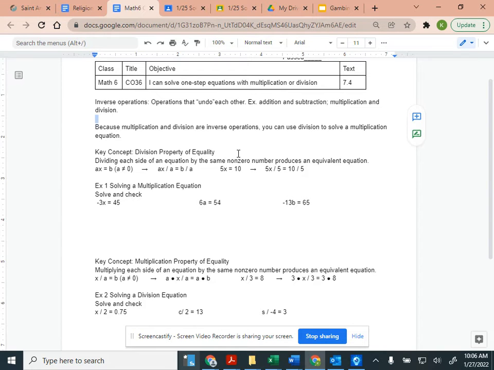So we have those inverse operations are the ones that undo themselves. So the opposite of adding is subtracting, the opposite of multiplying is dividing. Because multiplication and division are inverse operations, you can use division to solve a multiplication equation. So like we did yesterday, we're going to do the opposite.